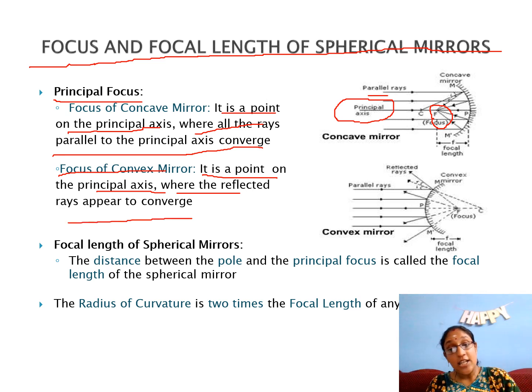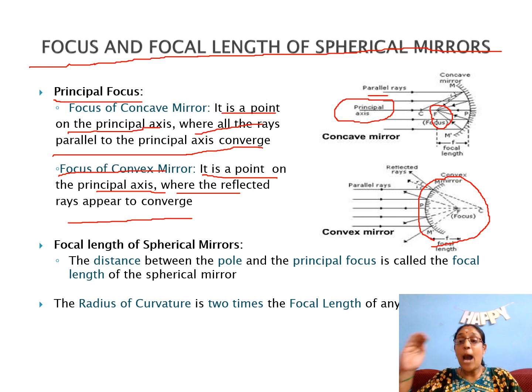Here you cannot see the dotted lines, but here you can. The dotted lines specify that they appear to converge. They are not actually converging. That is your principal focus.